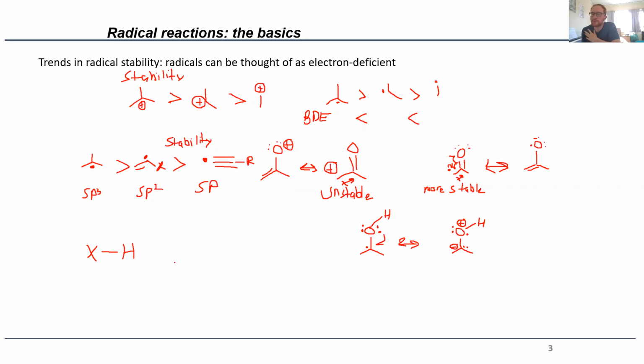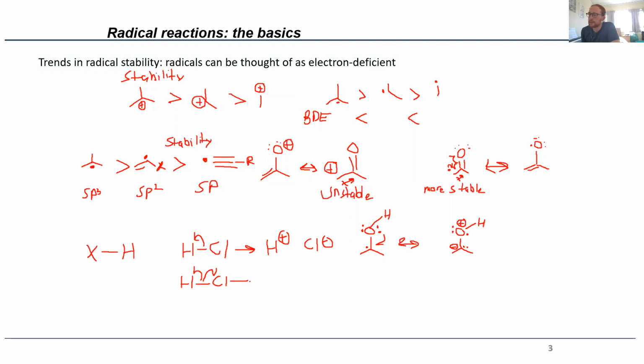So for example, if we consider HCl, which I've told you for homolytic bond dissociation is a strong bond, but we know that heterolytically this dissociation happens very readily to form H plus and Cl minus. We have to recognize that that's a different process than the homolytic bond cleavage.